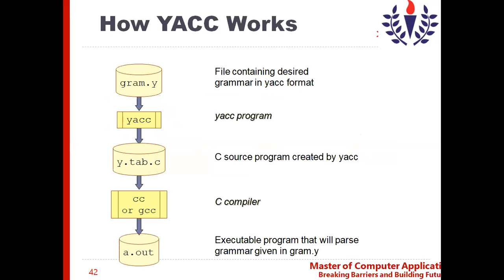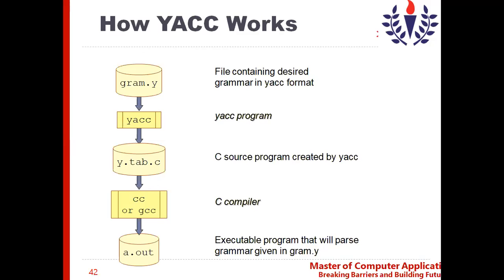What you see here is how Yak works. Initially we have the Yak program, which can be created using the extension .y, just as you create the Lex program. In the same way, using any editor, you can create the Yak program with the extension .y. Let us say the name of the program here is gram.y.